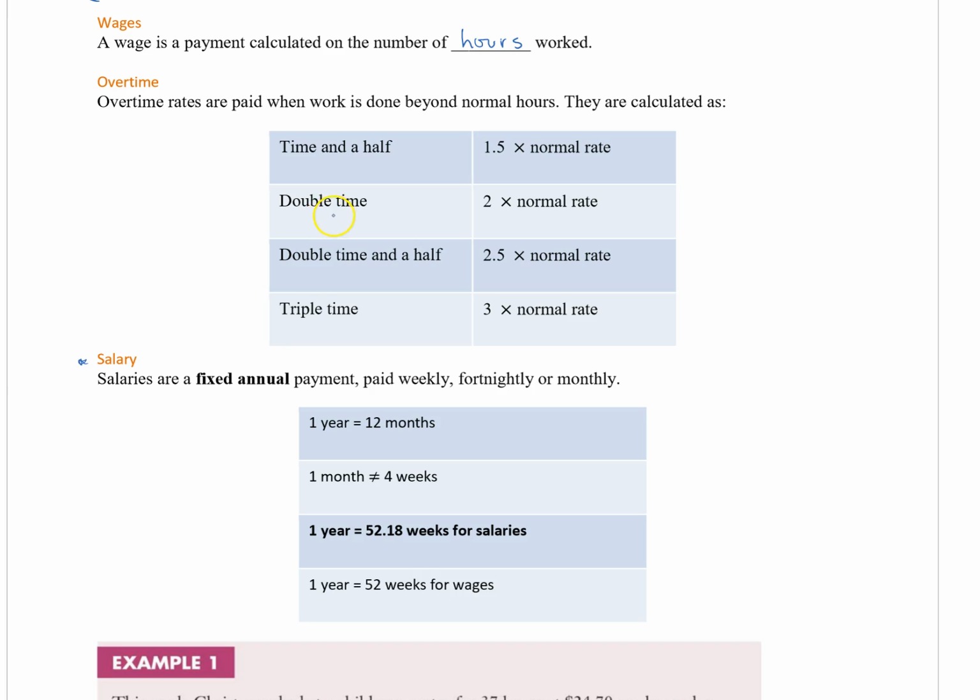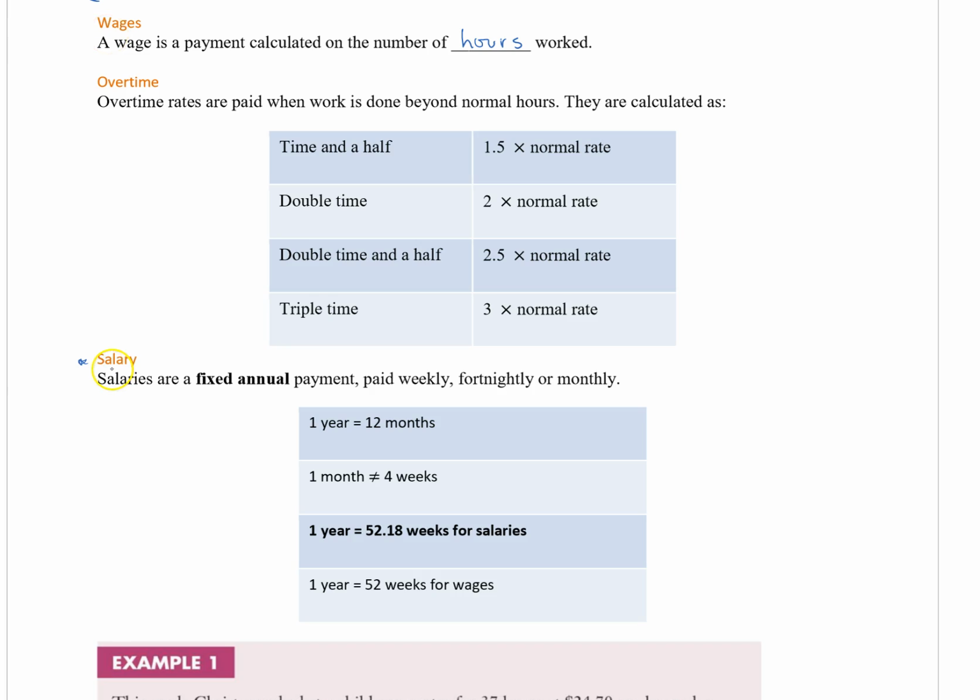Overtime is sometimes categorized as double time, and you get 2 times your normal hourly rate. Double time and a half is 2.5, and triple time is 3 times your normal hourly rate. Now, that overtime applies to wages.